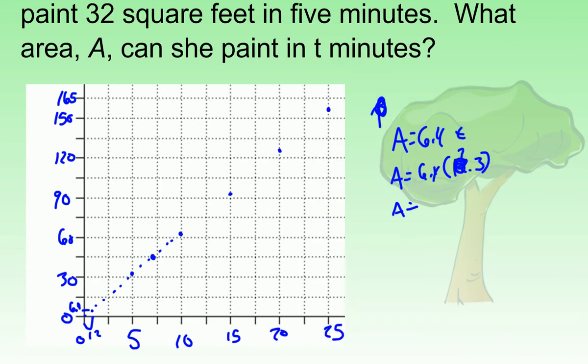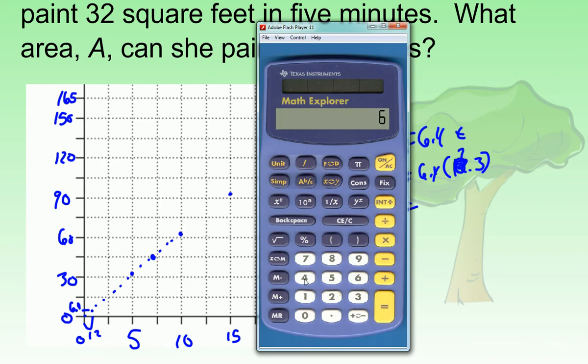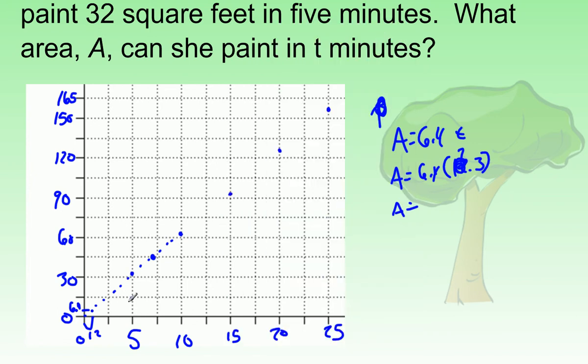How about that? 6.4 times 7.3, 45? Yeah, so that's really darn close to 45, so that's pretty good for me. Okay, so that just helps you see that relationship between the amount of time and the amount of paint, the painted area.